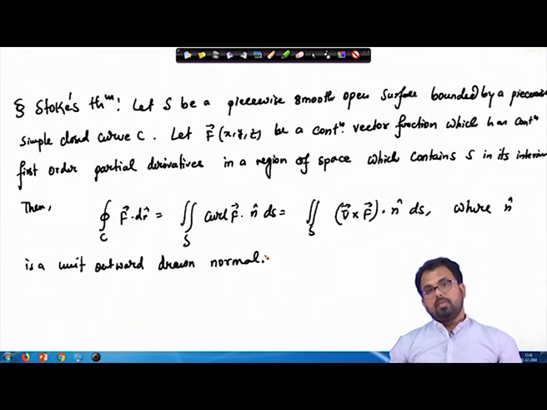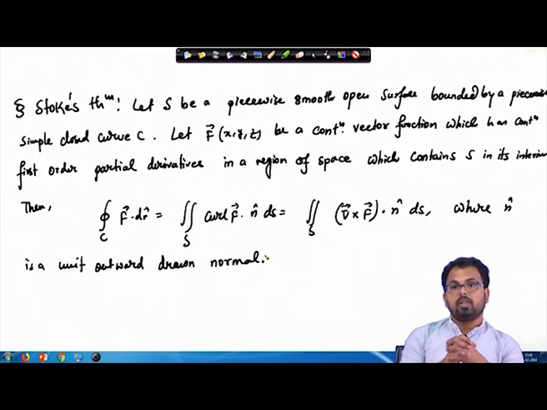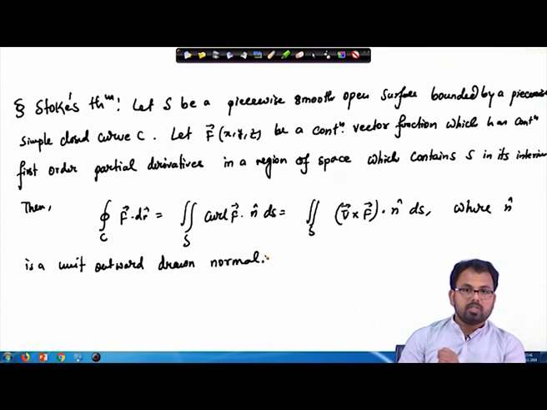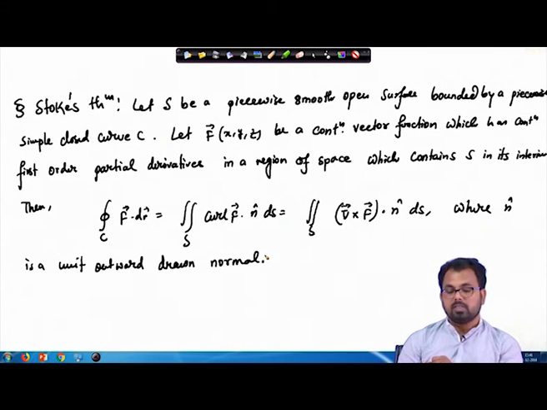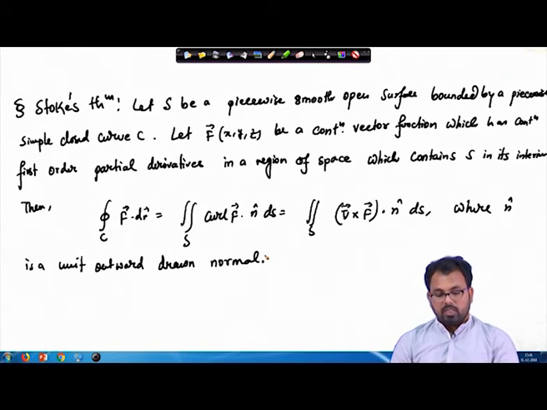So, this is also a very important theorem in vector calculus and also in several other branches of applied mathematics, where we take help of this theorem. For example, in partial differential equations or even in fluid mechanics, these theorems have very wide application.